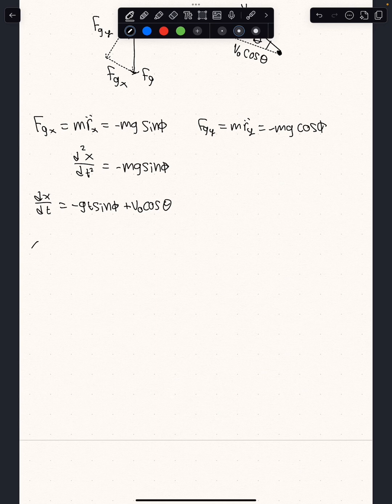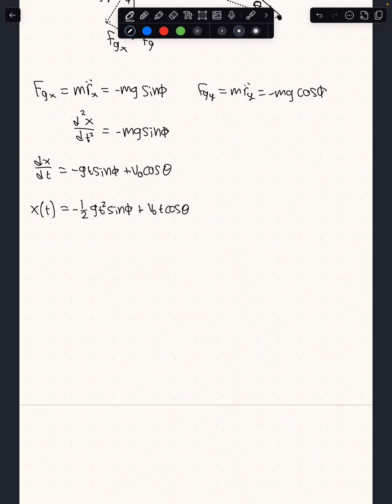Integrate again to get x of t. We're integrating with respect to t here. And this is going to be 1/2 gt squared sine phi, plus v naught t cos theta.